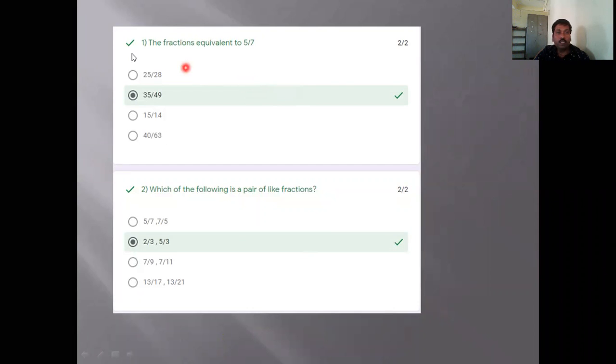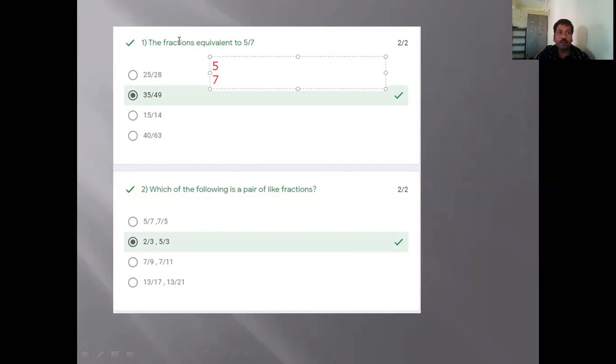The first question is: the fraction equivalent to 5 by 7. To check all the options one by one, here we see there is the 25 and here is the 5. So in this case, we will multiply 5 by 7.